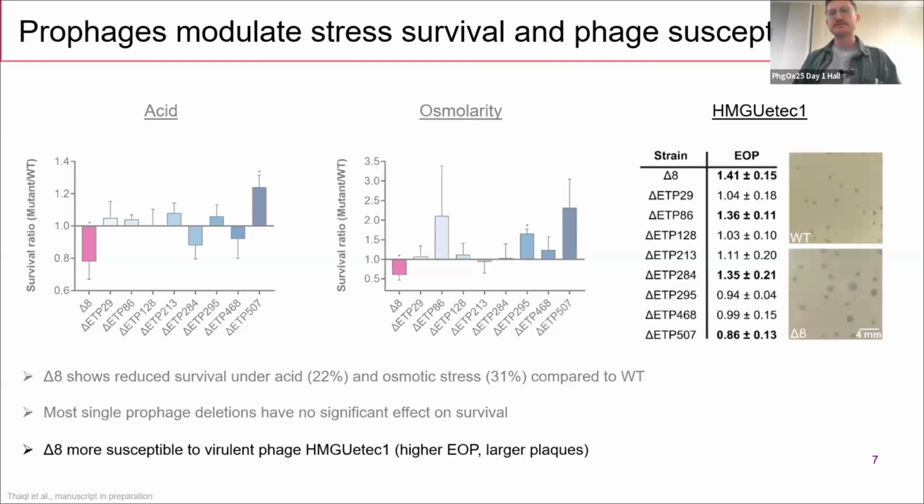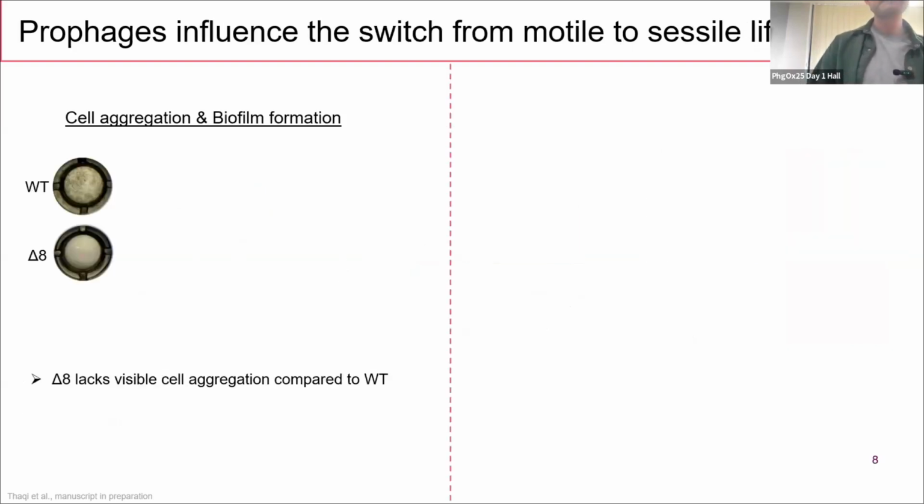For phage susceptibility, we isolated a virulent phage we named HMGU ETEC1 from wastewater, and then basically did plaque assays with all of the strains to then calculate the efficiency of plating afterwards, and found that delta 8 is more susceptible to this virulent phage we tested, indicated by the elevated efficiency of plating, as well as consistently larger plaques on the plates.